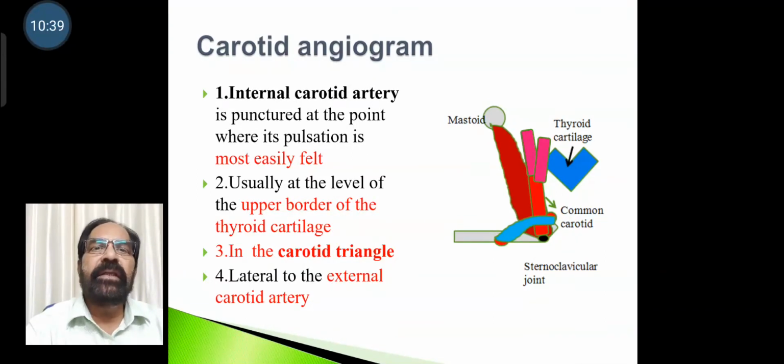Internal carotid artery is punctured at the point where its pulsation is most easily felt, usually at the level of upper border of thyroid cartilage, that is in the carotid triangle, and lateral to external carotid artery. So these all can be seen in the picture.